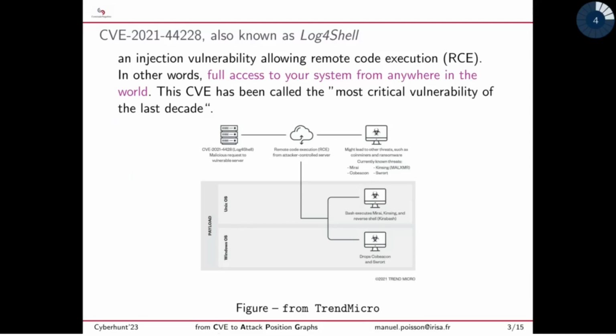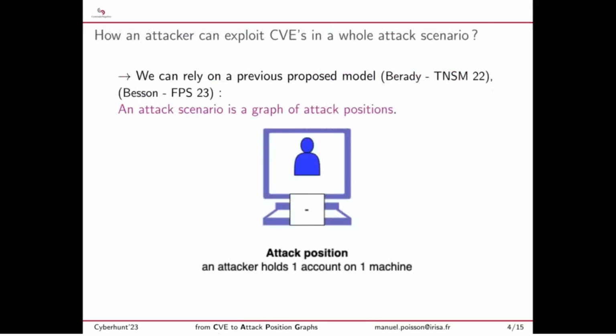When the vulnerability is present, the attacker has full access to the machine where the vulnerability is present. And this is possible from anywhere in the world, remotely. Our question was, how can an attacker exploit a CVE, and exploit multiple CVEs in a whole attack scenario?